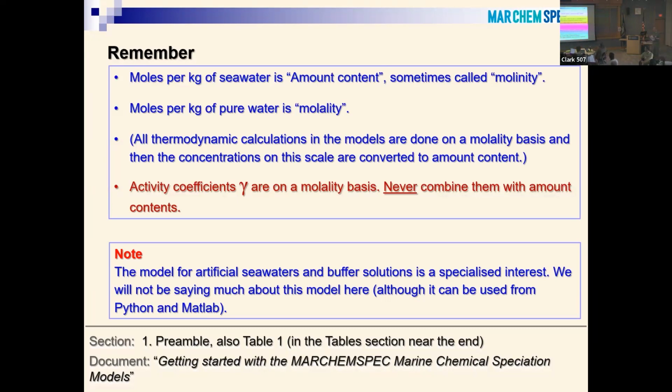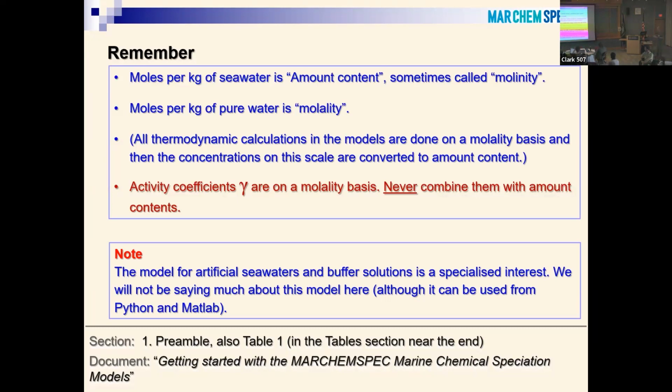And the other unit is moles per kilogram of water solvent, pure water, which is molality. And the reason molality crops up in these models is that all the thermodynamic calculations are done on a molality basis and not moles per kilogram of solution, but the conversion between the scales is straightforward.